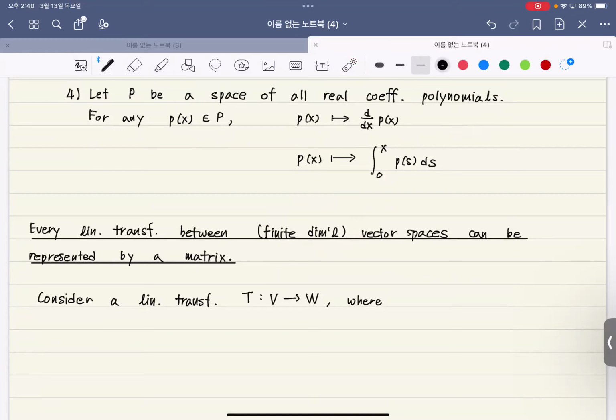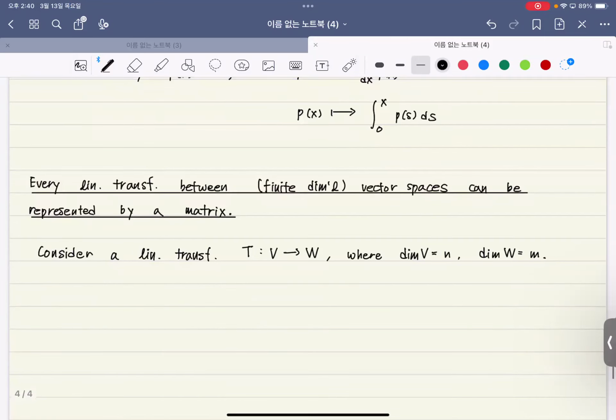Okay. So anyway, I have two vector spaces V and W, and let me say the dimension of V equals n, and the dimension of W is m. Now, how do we represent this guy by a matrix? In order to do that, first I will need to introduce a basis of the domain space and the target space.